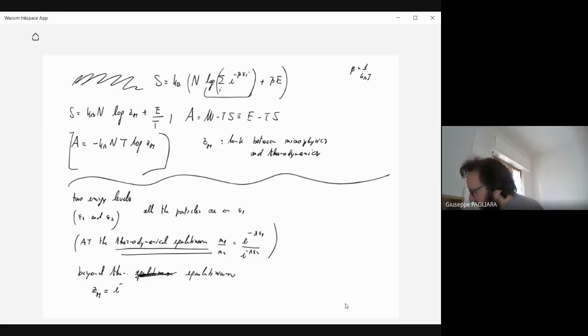So I will have Z_N is e to the minus epsilon 1 times beta, because epsilon 2 is not occupied.